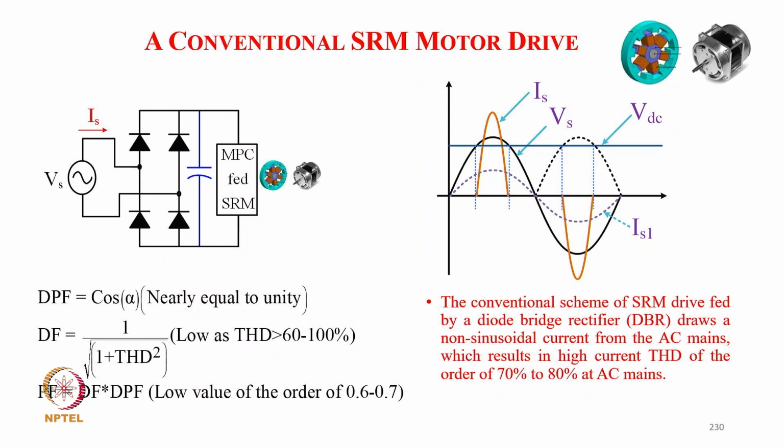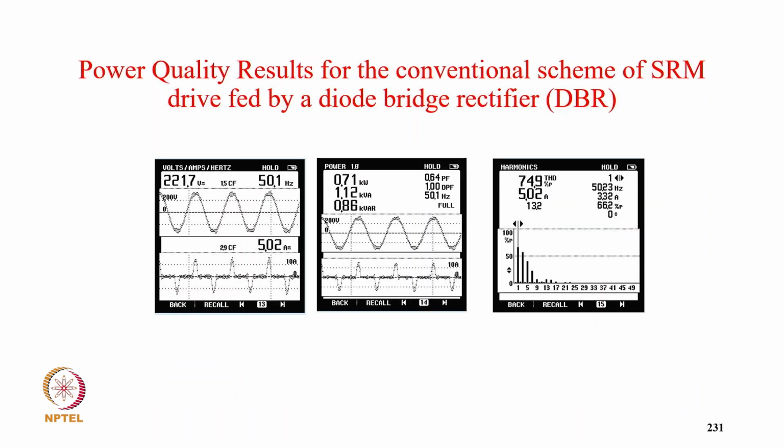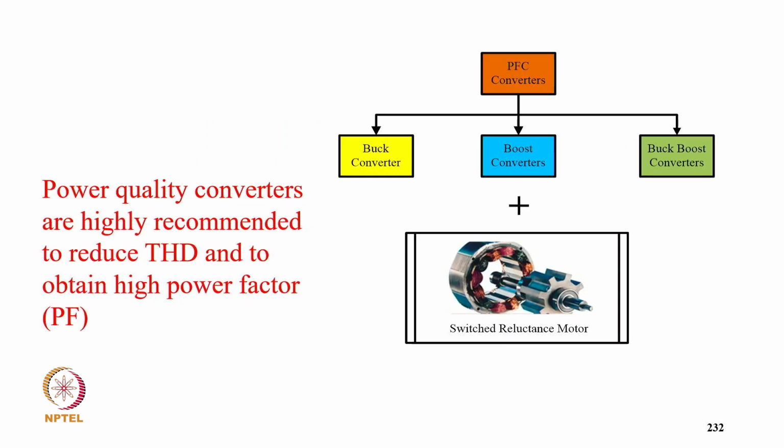So power factor is distortion factor times displacement factor, with a value of the order of 0.6 to 0.7 due to distortion factor. This experimental result of power quality is for conversion with the diode rectifier. You can see here the power factor is 0.64 and THD is 74.9% of supply current in a single phase diode rectifier feeding the SRM converter.